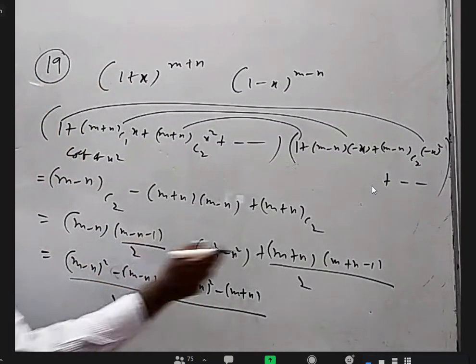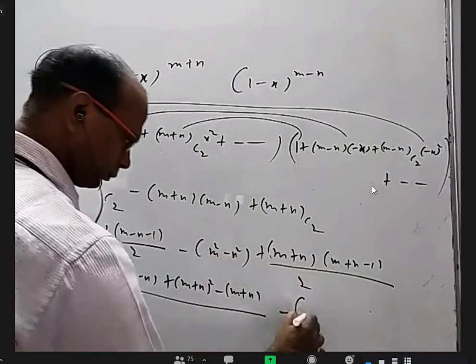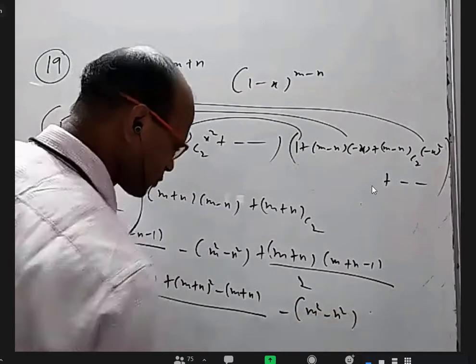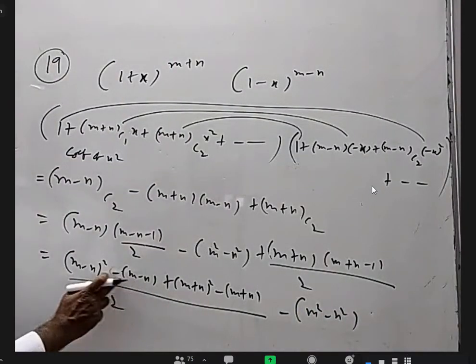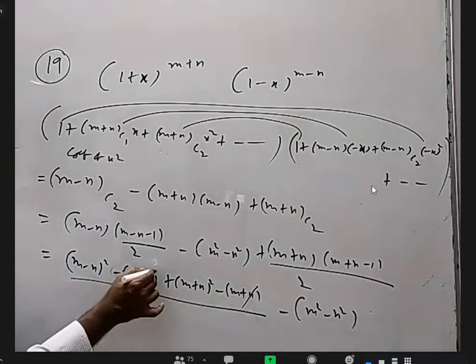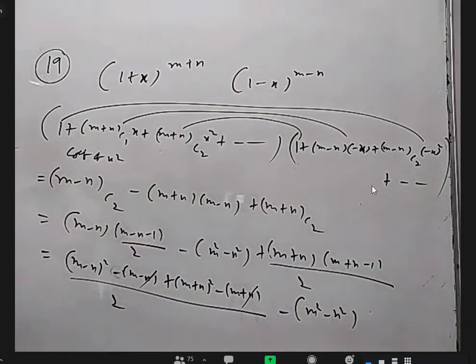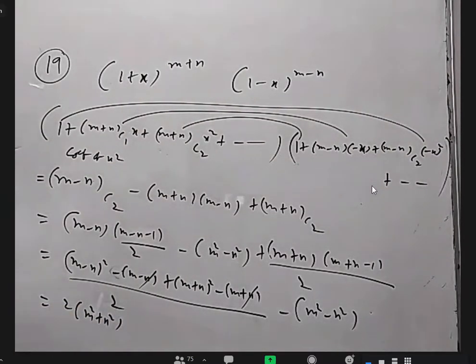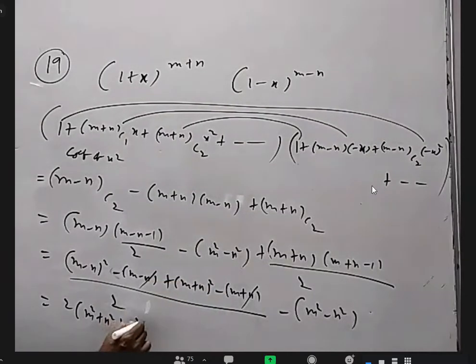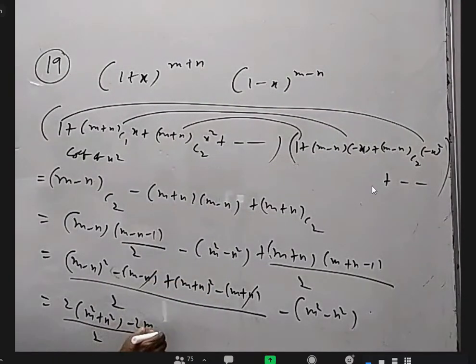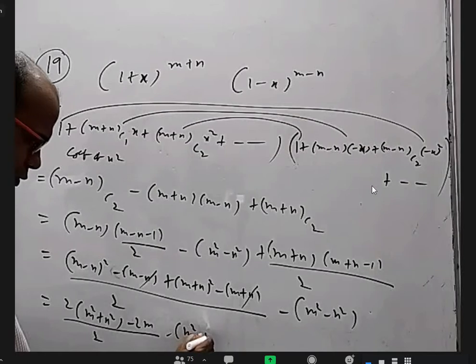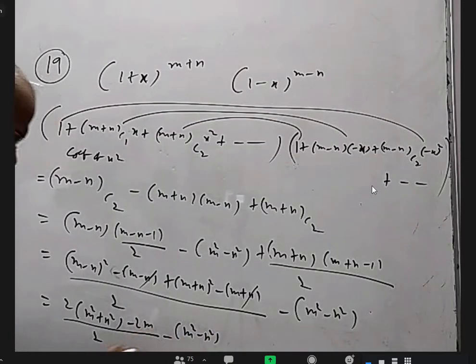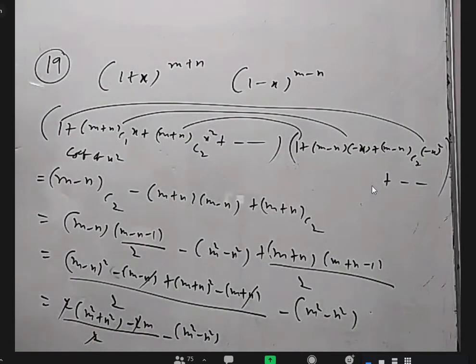I combine this and this together, and this separate, minus m square minus n square. Here you can see plus n and minus n will cancel. A minus b whole square plus a plus b whole square is 2 times a square plus b square. So 2 times m square plus n square. This and this together is minus 2m by 2 minus of m square minus n square. 2 will get cancelled.